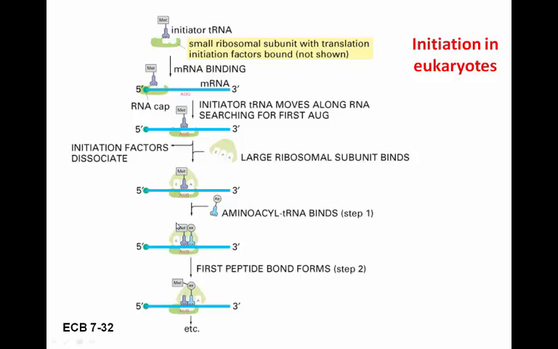We transfer with an enzyme that's called peptidyl transferase. We transfer the methionine to this amino acid and we make a peptide bond. And now the methionine and the amino acid are covalently bound to the second tRNA. The initiator tRNA no longer has an amino acid on it.